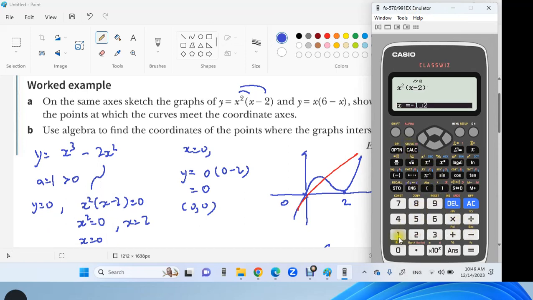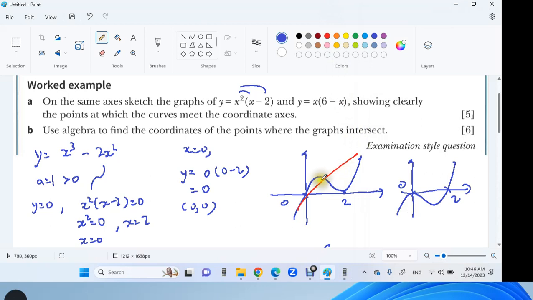I key in the calculator, 0, then it is 0. So (0, 0) is the y-intercept, and 2 is the root. In the previous lesson, we substituted 10, and it became a positive value, and then we substituted negative 10, and it is a negative value.